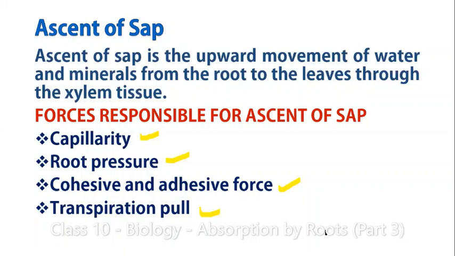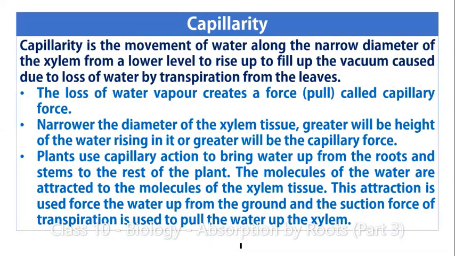It's not a single process which can undertake the ascent of sap. It's a combination of many forces which ultimately helps in the rising of the water from the roots to the leaves. Let us see one by one. What is capillarity? Capillarity is the movement of water along the narrow diameter of the xylem.